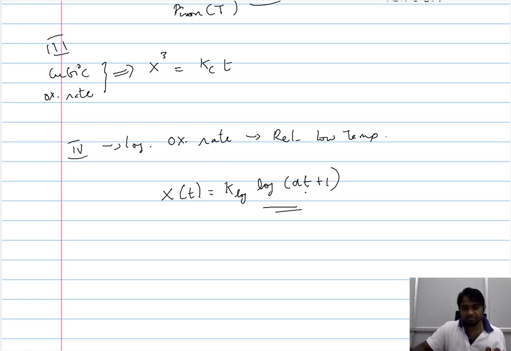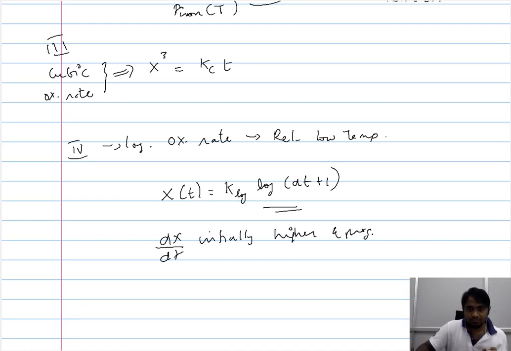Now if you plot this expression, you would understand that the rate of oxidation is initially higher and it progressively decreases. So in all the other cases we have a definite oxidation rate. In case of the linear one, you have a constant oxidation rate, in case of parabolic you have a definite oxidation rate, and in case of the cubic we have a definite oxidation rate. All these oxidation rates do not vary with time, so they are constants.